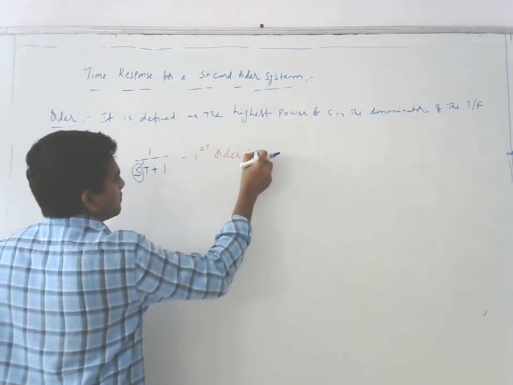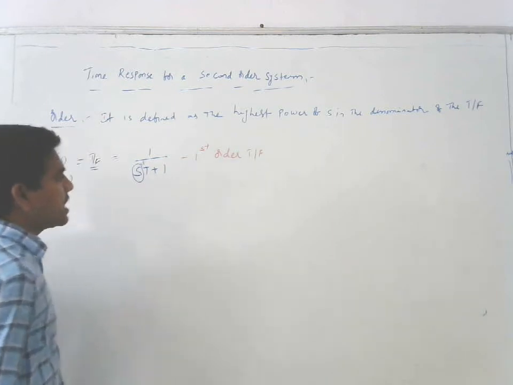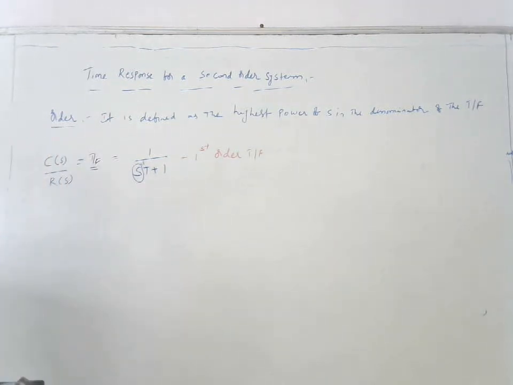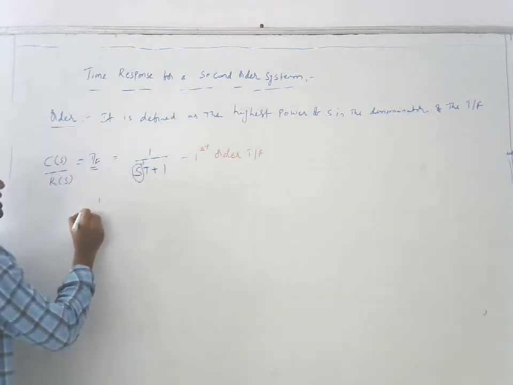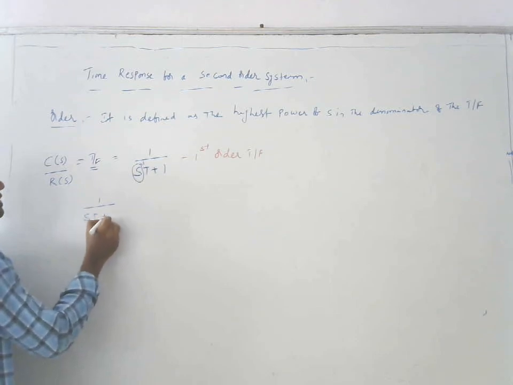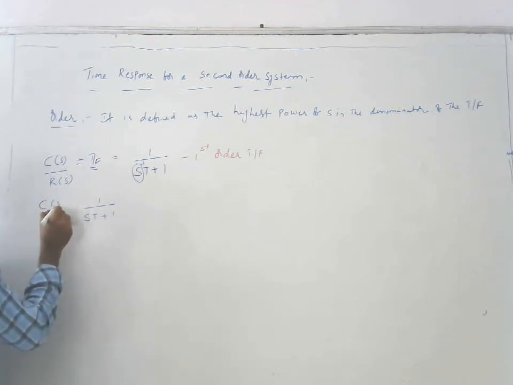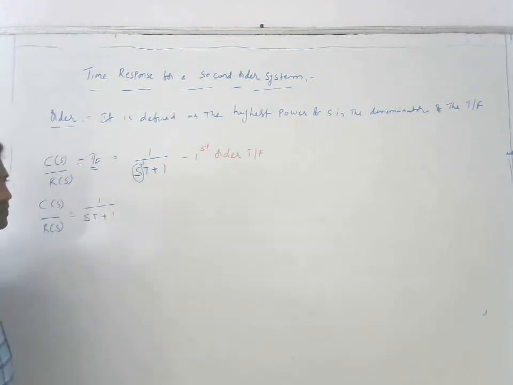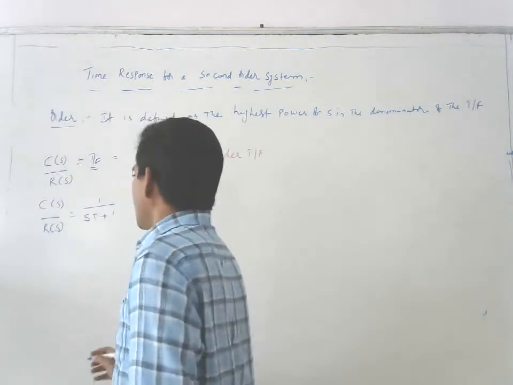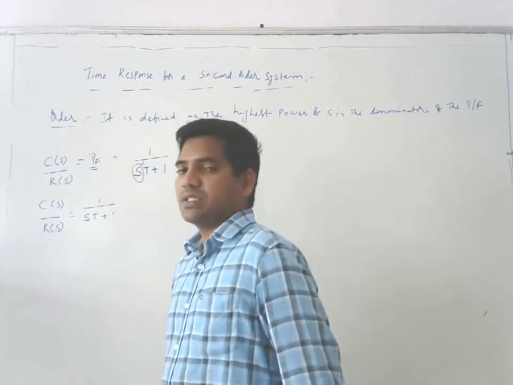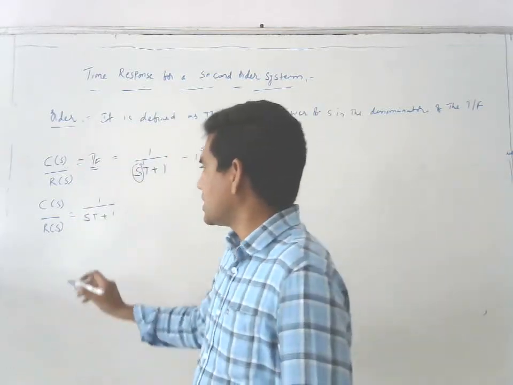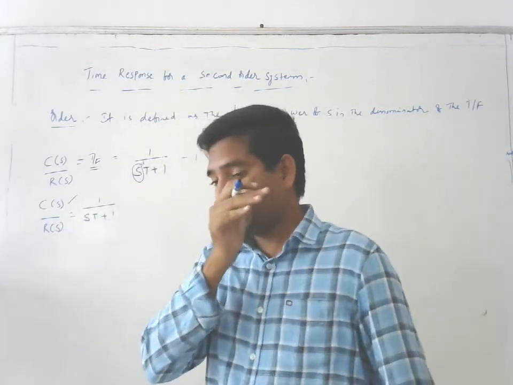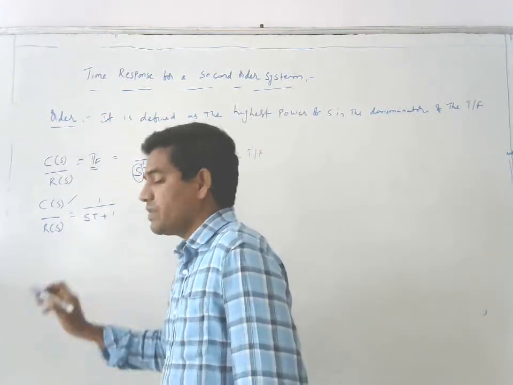In the last class, we discussed this first order transfer function, C(s)/R(s) equal to 1 by sT plus 1. What will happen for different inputs? C(s) is our controlled output and R(s) is our reference input.